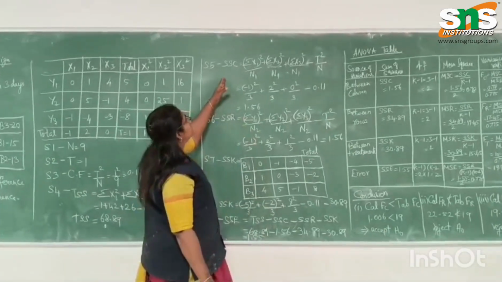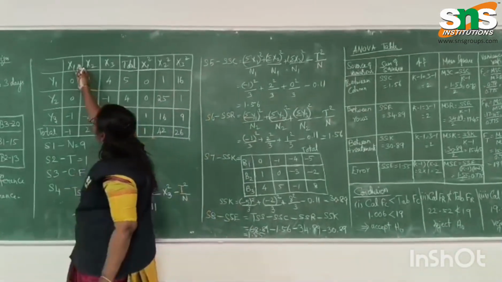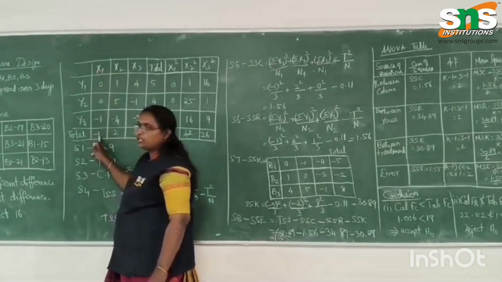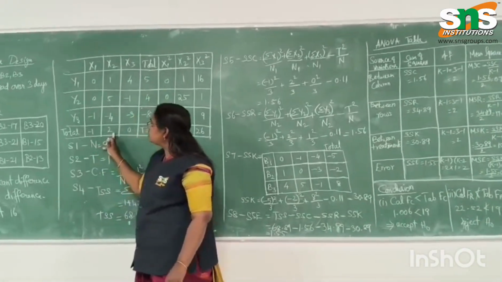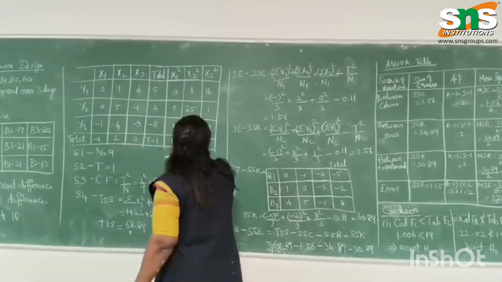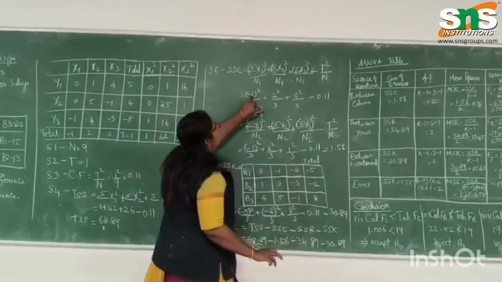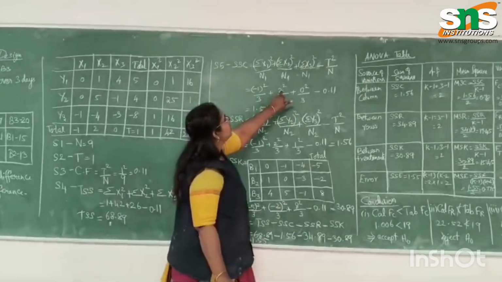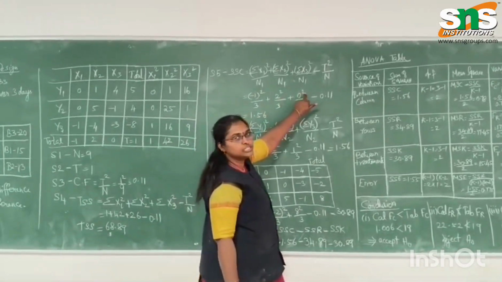Next we go for the sum of squares of columns. Column wise we named them x1, x2, x3. Summation x1 is 1, summation x2 is 2, summation x3 is 0. In the numerator we take summation x1 the whole square, summation x2 the whole square, summation x3 the whole square.